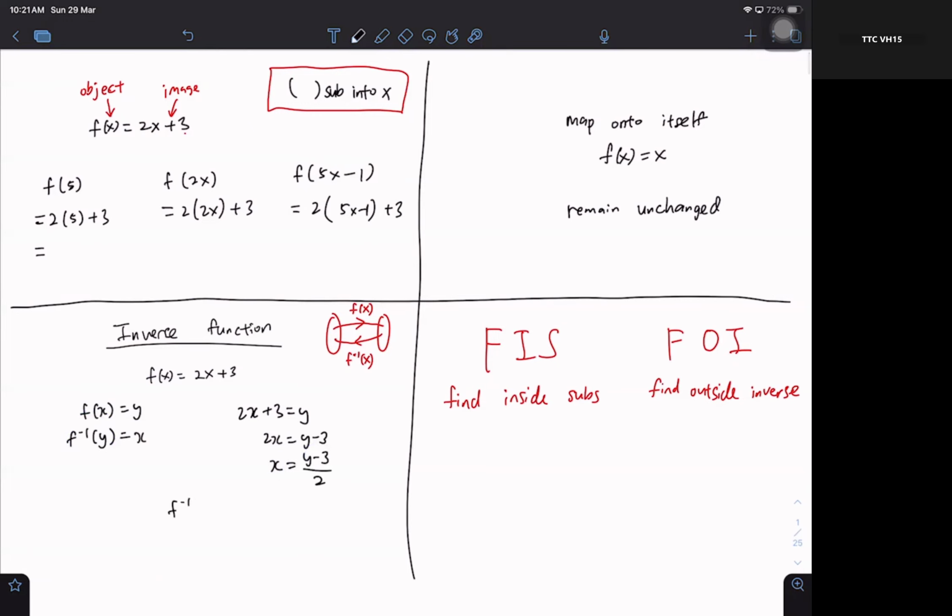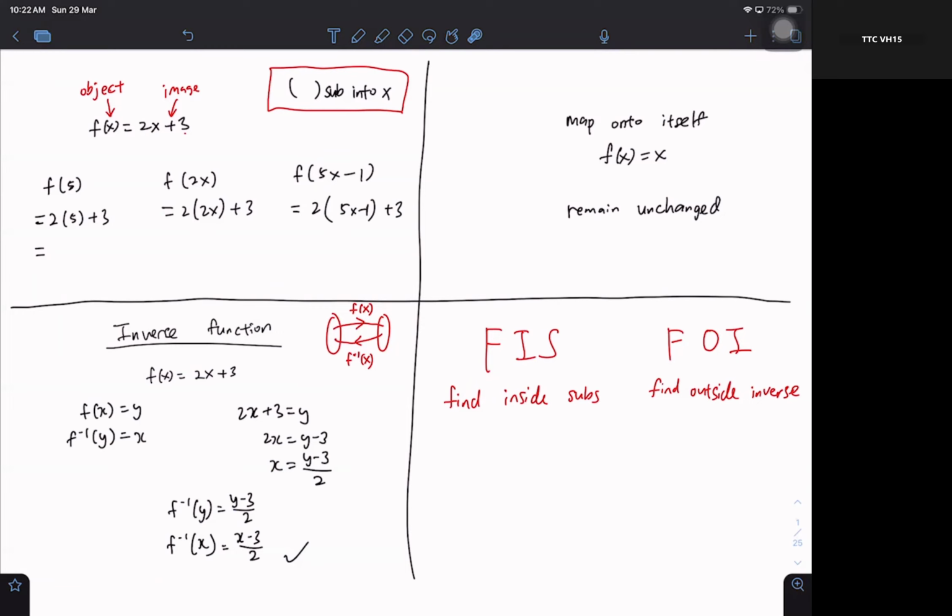So f inverse of y equals y minus 3 over 2. Then lastly, you change the y into x. That's the answer. So that's the inverse function. There's no formula. You just have to remember the steps.